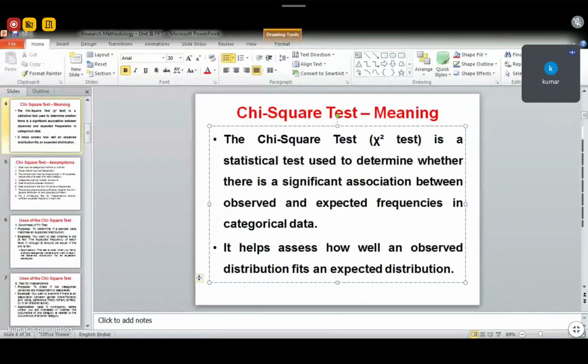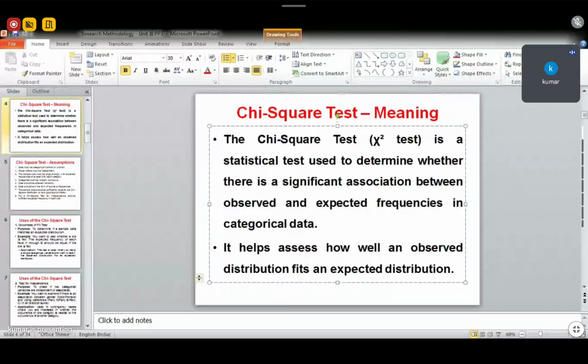I hope you know very well that your syllabus is bifurcated into two parts: theory 60%, practical 40%. These practical questions will appear from unit number 3 and 4. Unit number 1, 2, and 5 are theory oriented.